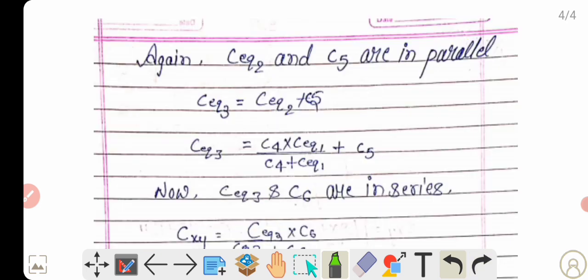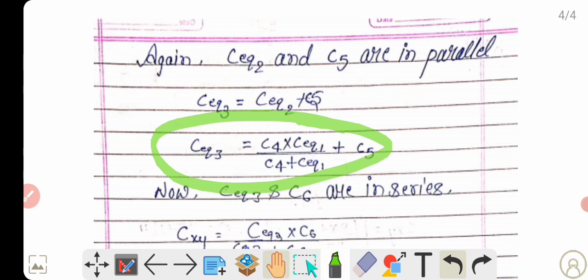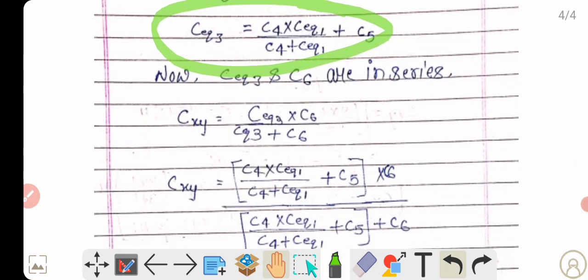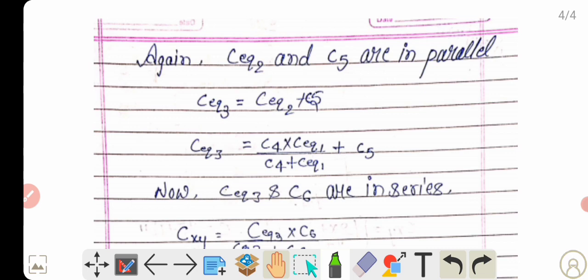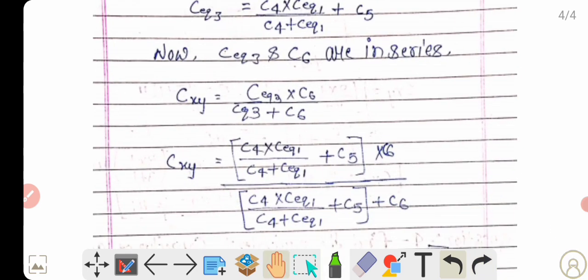So in the next step the C equivalent 2 and C5 are in parallel, so the equivalent will be equal to this one, and we have denoted it by C equivalent 3. Now if we move further, C equivalent 3 and C6 are in series. So we apply the series formula, and then we calculate the equivalent capacitance of the combination of C equivalent 3 and C6, and it will come out to be this one.